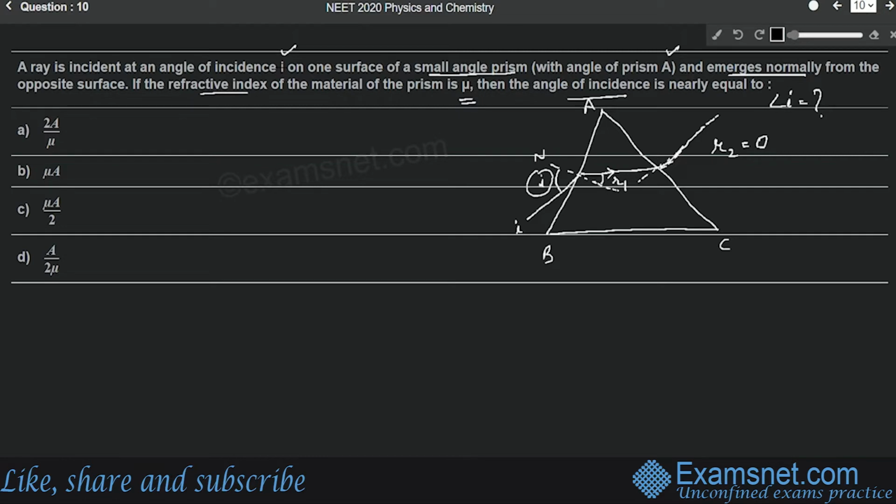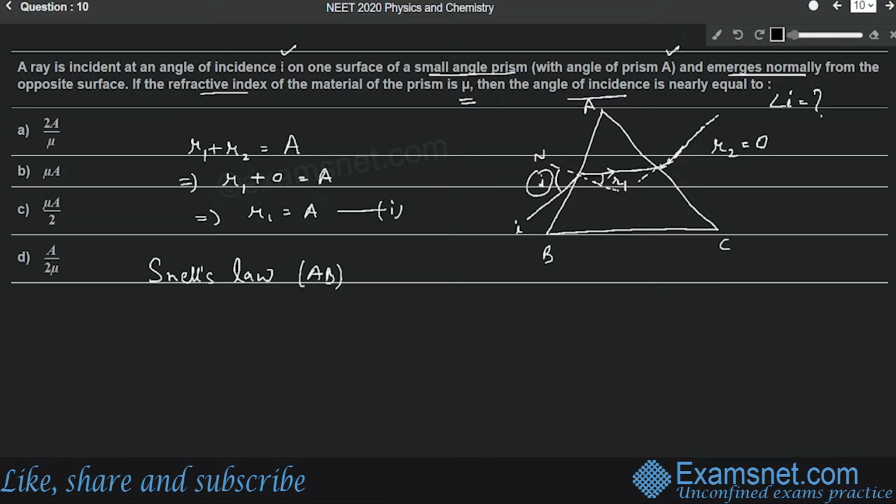Okay. Now we know that in a prism, R1 plus R2 is equal to the angle of prism A. Okay. So we know that R2 is 0. So R1 plus 0 is equal to A. So we can say that R1 is equal to A. Okay. Now we'll use the Snell's law on the first surface, that means surface AB.